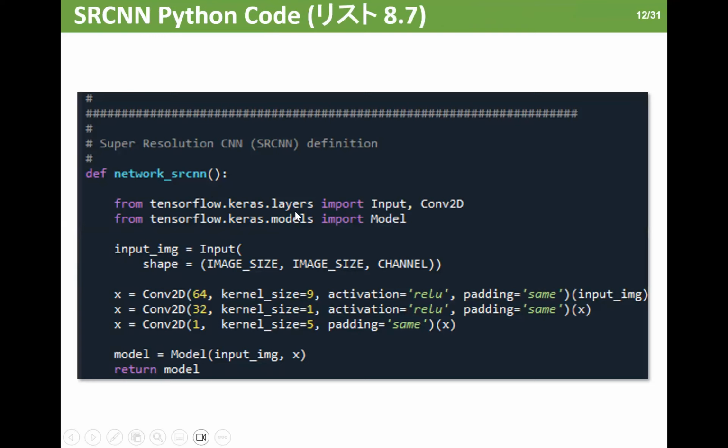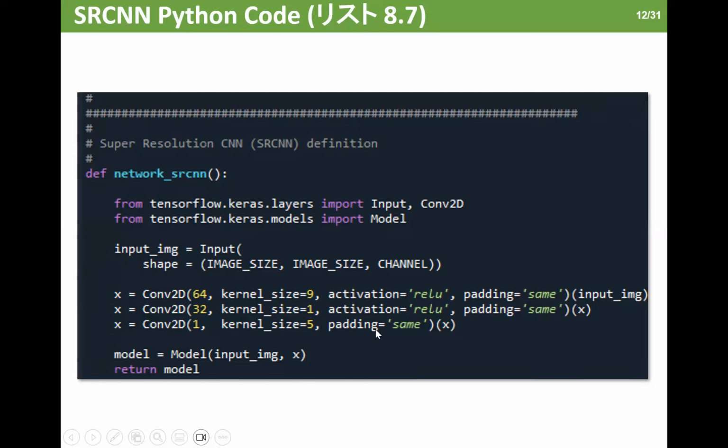We see we have the image input. We just have 3 convolution layers. The first layer has 64, then 32, and then 1. The thing about this is the final output.